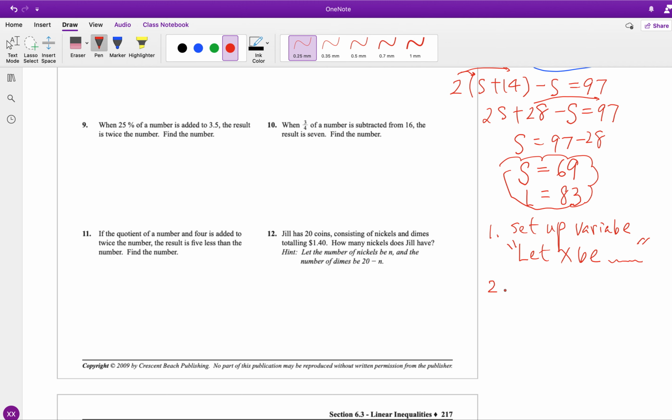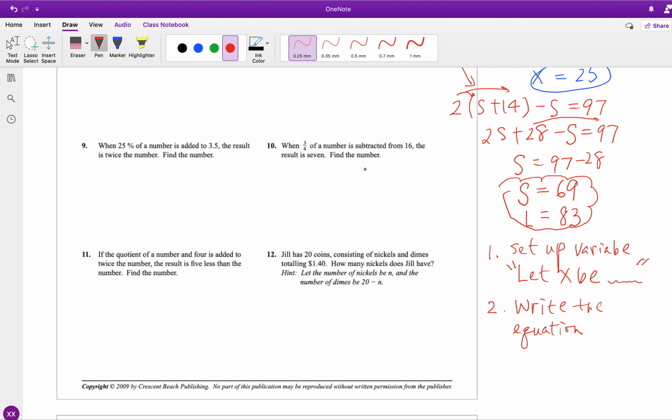Now the second one is just to write the equation. Write the equation means keep translating. Whenever it says the result, that means it's equal. The result that is equal, right?